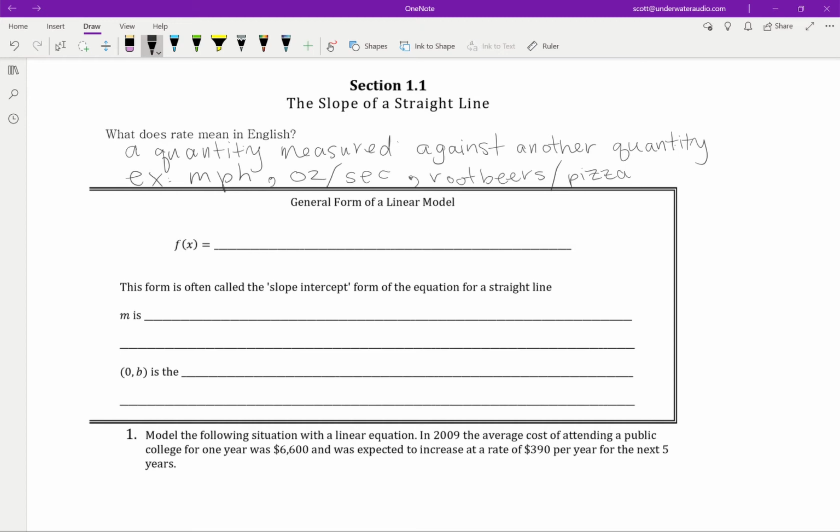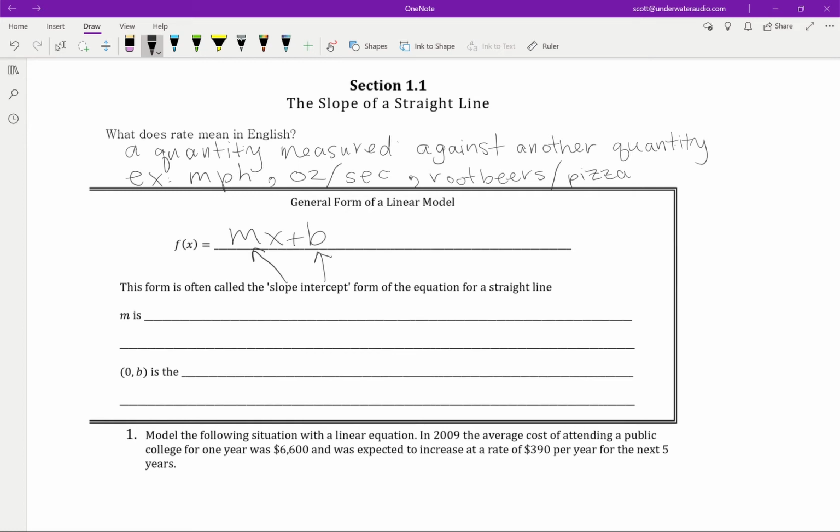The general form of a linear model that we're going to use in this class is f of x equals mx plus b. So y equals mx plus b, it's the same thing, we're just using function notation. This is called the slope-intercept form. So that m is the slope or the steepness, and the b is the y-intercept.